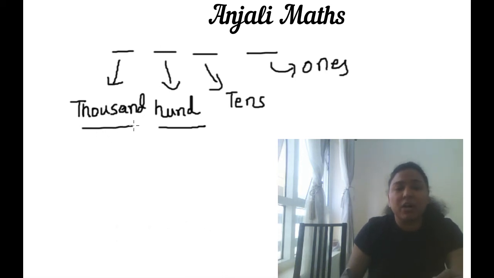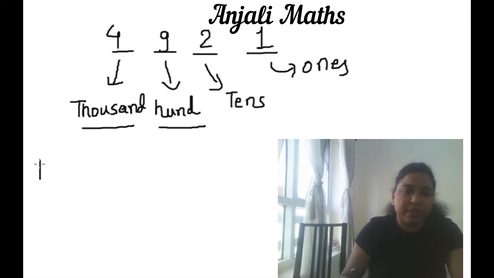We will add 1000 after the number. For example, if it is 4, 9, 2, 1, how will we write this number in words? We will first write 4 and we will add 1000 because this is in the 1000 place position. We will write 4000.